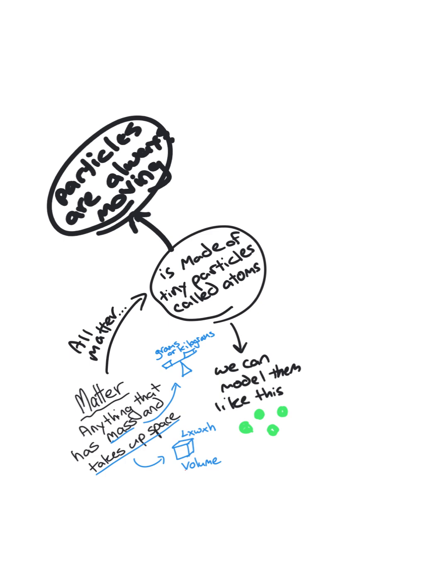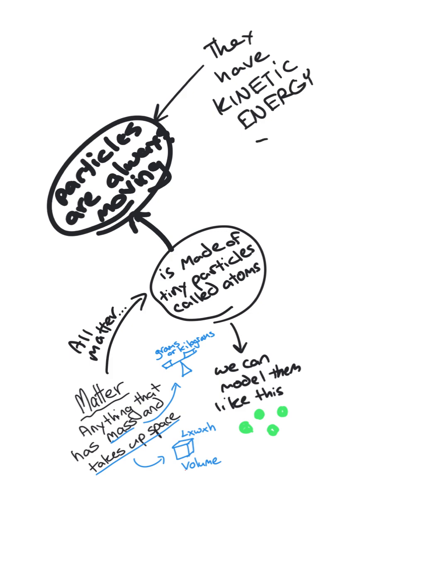Well, we call that kind of energy, the energy of movement, kinetic energy. So, particles in matter have kinetic energy. Pretty cool. So that means everything around you, all that stuff, is buzzing with energy. Even though it doesn't look like it, like that chair in front of you, it doesn't look like it has energy, but it does actually inside of the matter.